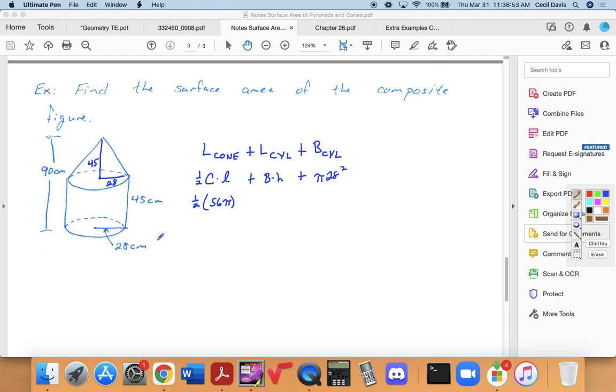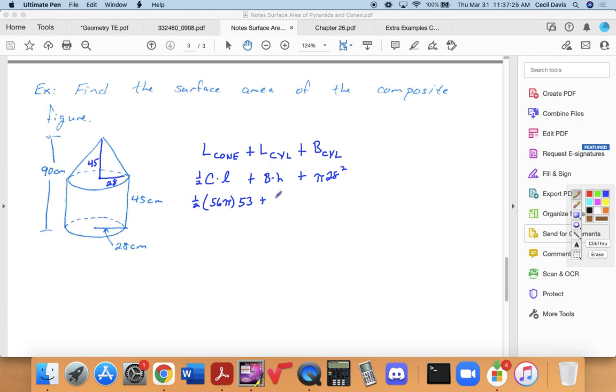Well, if I do the Pythagorean theorem with 45 squared plus 28 squared, and then take the square root, 53. It's a Pythagorean triple you never even heard of.